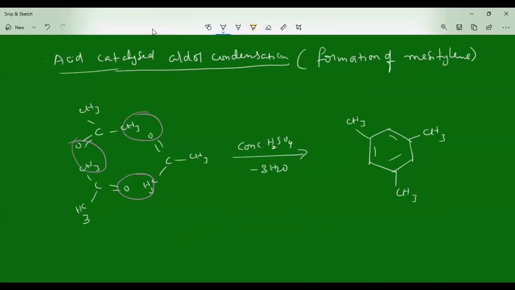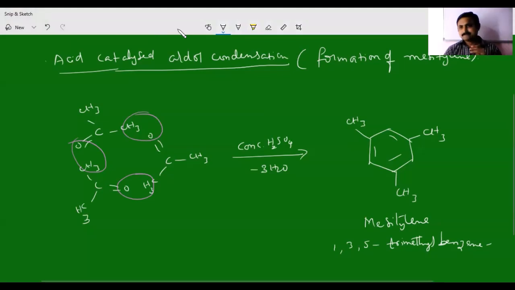This we will call mesitylene. If anybody asks the IUPAC name, its name is 1,3,5-trimethylbenzene. Trimethylbenzene. So this is the equation part of this lecture.